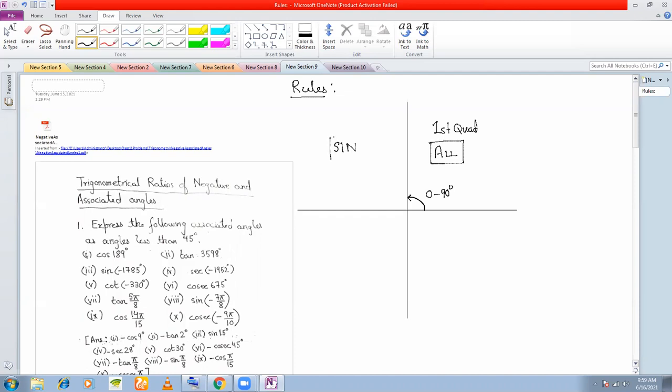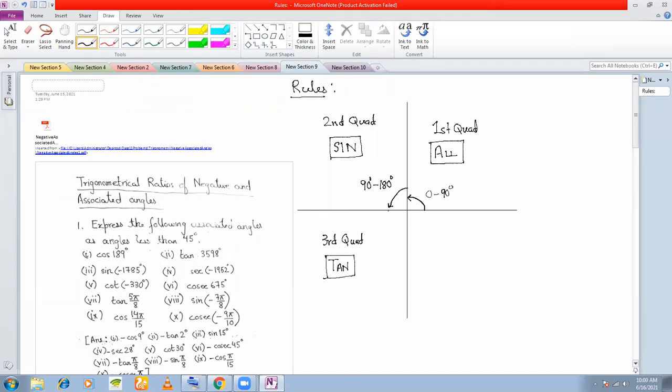This is called the second quadrant, and the range here is from 90 degrees to 180 degrees. This is called the third quadrant. In this, tan and cot are positive.